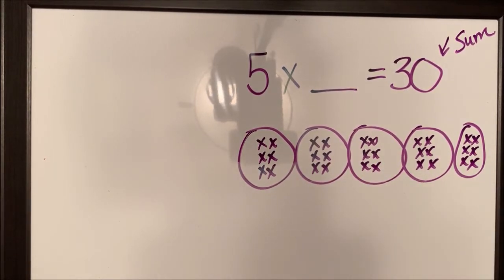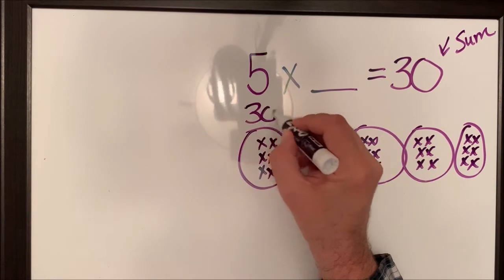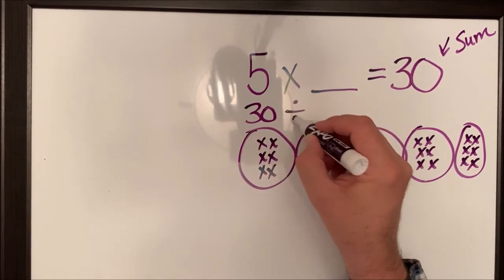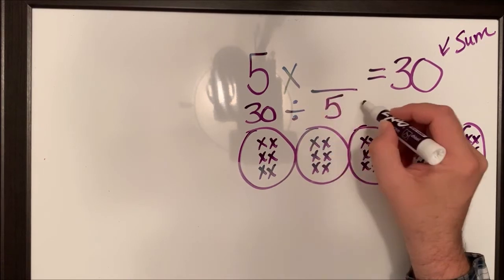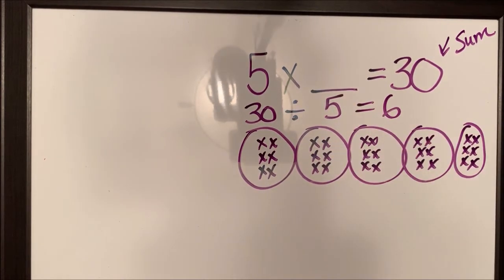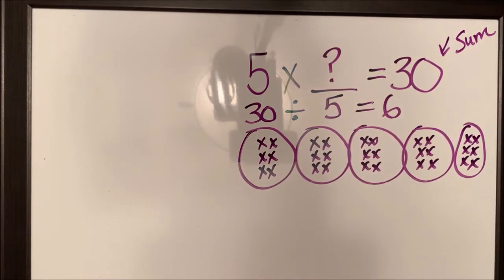So I used division to solve a multiplication sentence. I took 30 and divided it into 5 equal groups to get my answer, which is 6. So I just used the inverse relationship between multiplication and division to find that missing number. I used division to find it.